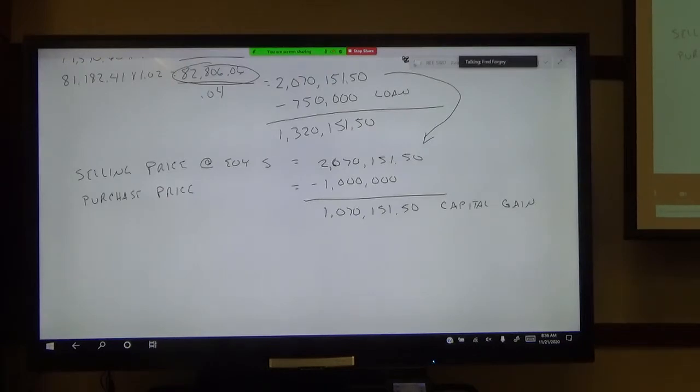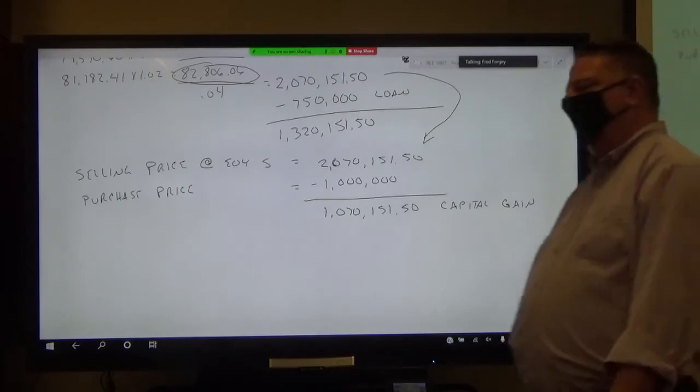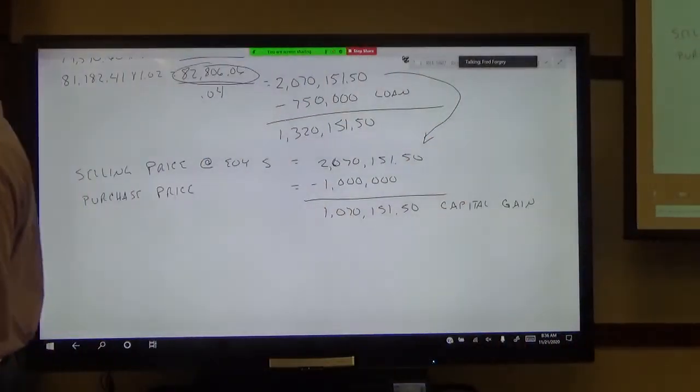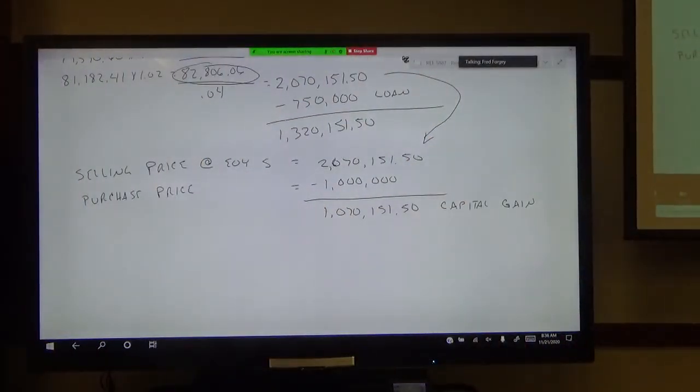So let's say that we're super generous on this, and we're going to give the developer a 40% promote off of that capital gain.